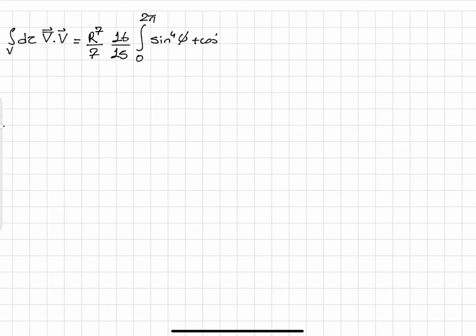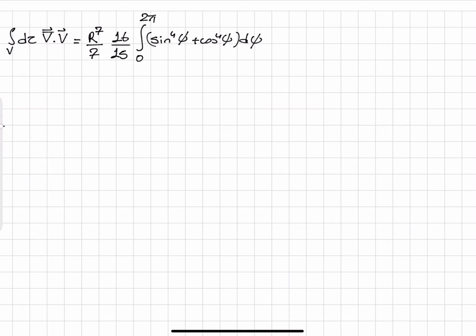Okay, now going back to my integral, the volume integral d tau divergence of v now becomes capital R to 7 over 7 from the R integral, 16 over 15 from the theta integral. I have integral for phi 0 to 2 pi sine to 4 phi plus cosine to 4 phi d phi.